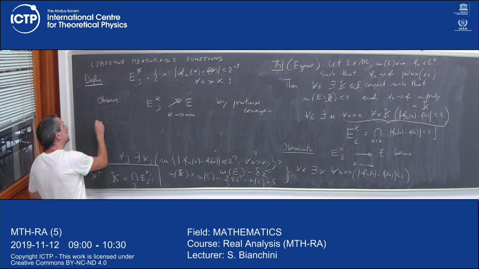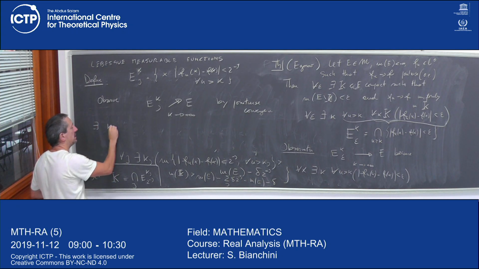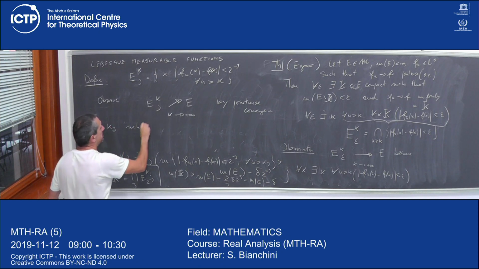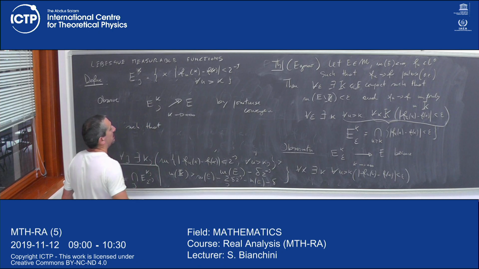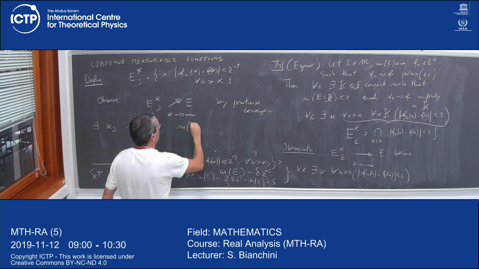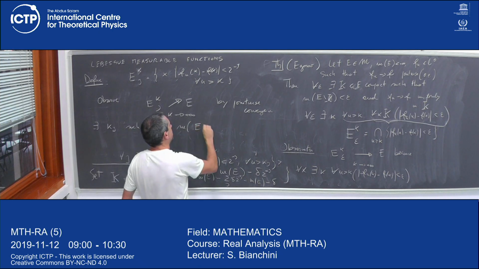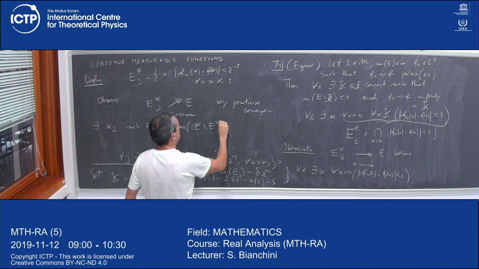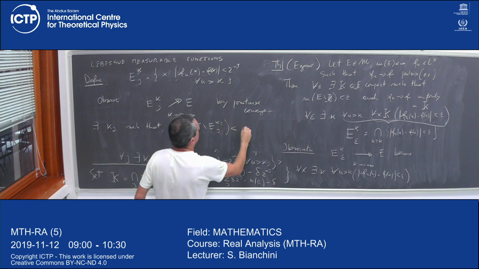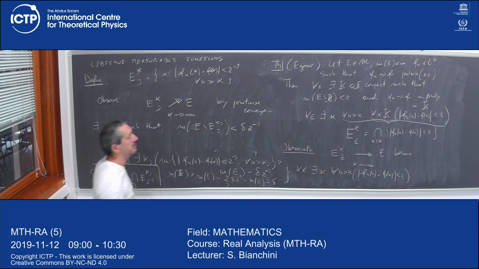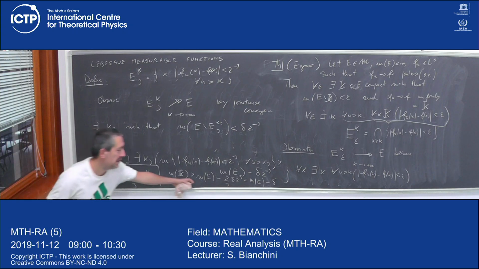Then it means that there exists a k which depends on j such that the measure of E minus E_{k_j,j} is less than delta 2 to the minus j. And this was this step here.